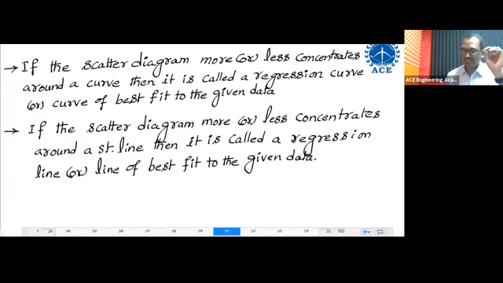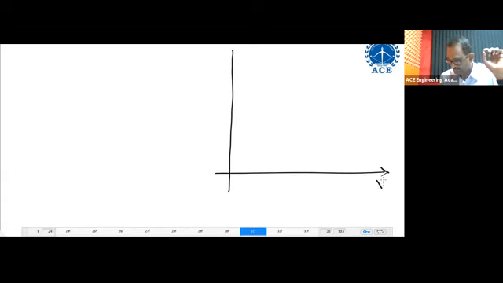Same definition, you can copy the previous definition as it is, by replacing curve with a straight line. Now we are finding the line of best fit for the given data.